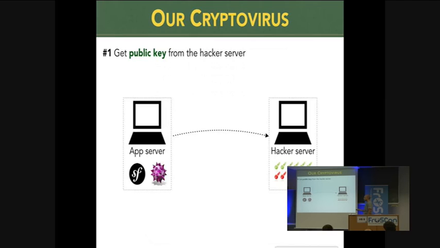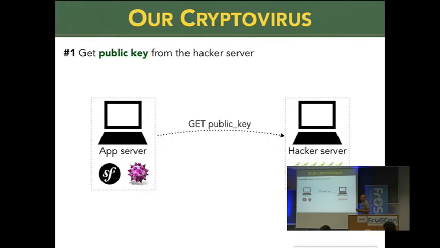So once the virus is here and it's executed, it connects automatically to the hacker server and asks for a public key. We'll see in a couple of minutes public key cryptography. But the idea is that the hacker server generates a key pair with a public key and a private key. So it returns the public key and saves the private key.